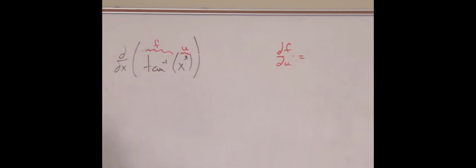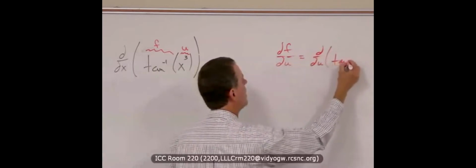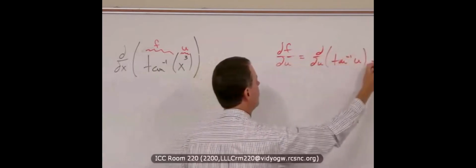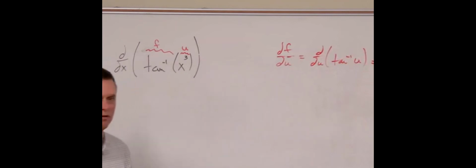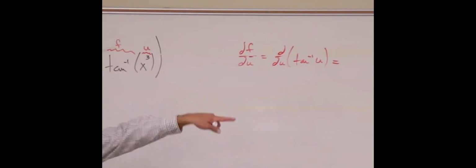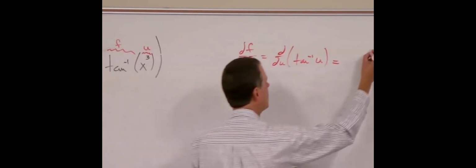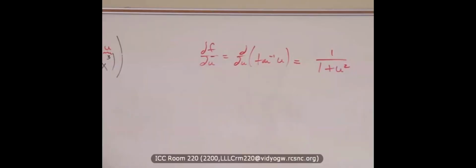That's d by du of inverse tangent of u. We just did inverse tangent. What is it? 1 over 1 plus u squared. Okay, that's the derivative of inverse tangent of u.